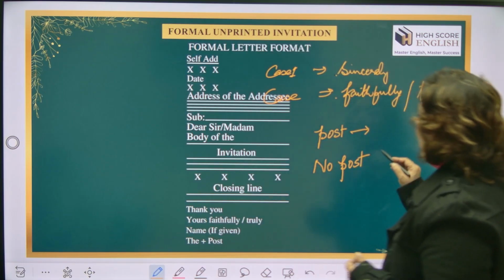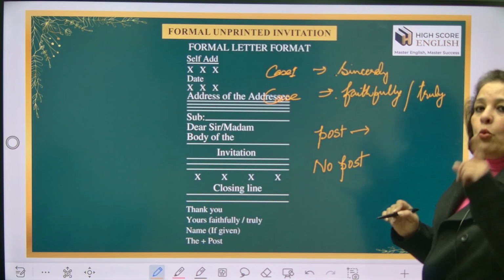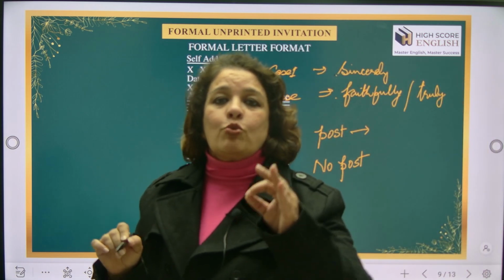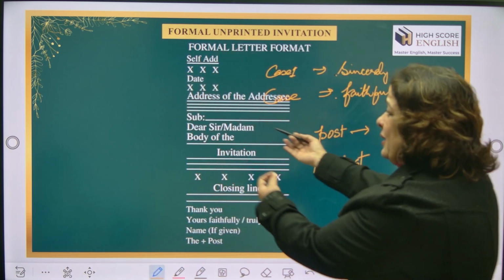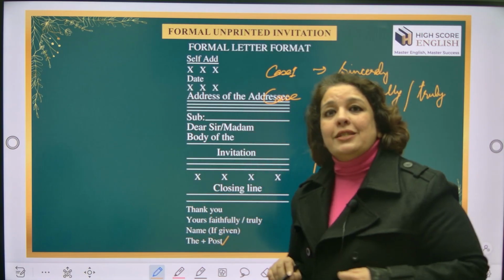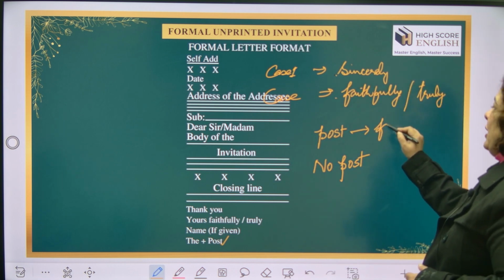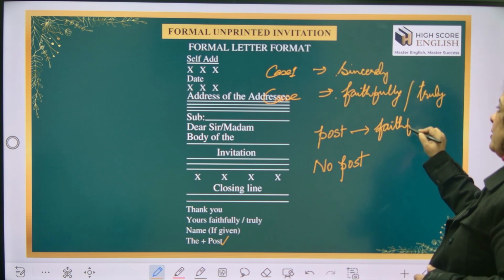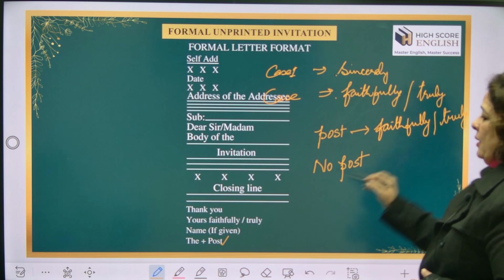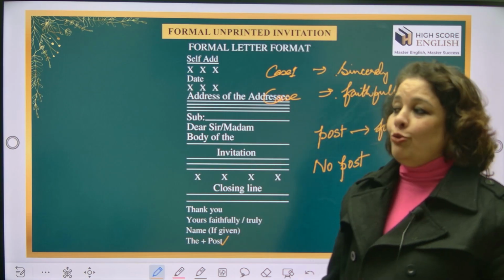In all these cases that I mentioned, there is a post. When there is a post, or the person who is writing a letter, be it invitation or any letter, in the end, if he is writing with his post, then you have to write faithfully or truly. Remember this thing, okay? Faithfully or truly. That's why I have written here specifically faithfully or truly.